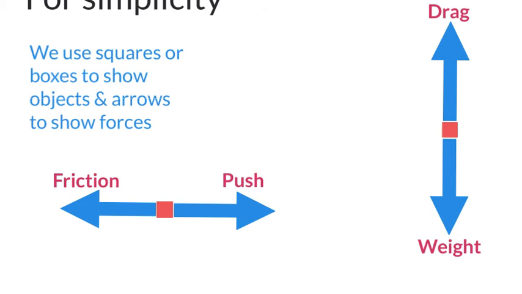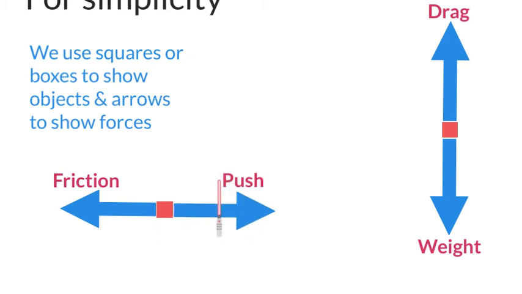But what we normally do, for those people who cannot draw, we use squares, boxes, or even circles or balls to show the object. So in both these cases, the object is shown as a red box. In the first case here, someone is pushing that box to the right.